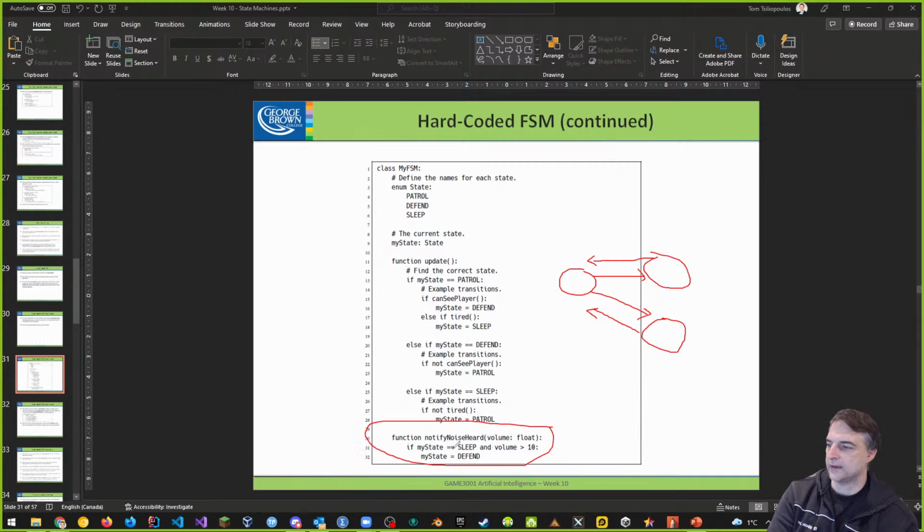This could actually be something that's put into the sleep state. Sleep, which is this one, should be able to go to defend if, as an example, we've heard a noise. That's what can shift us from sleep. This is sleep, and this is defend, and this is patrol. Sorry for my crude drawings, but you understand how this works.